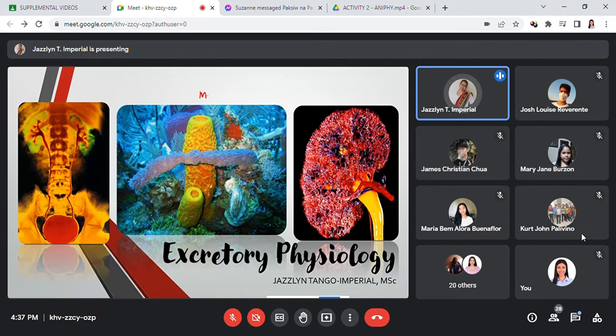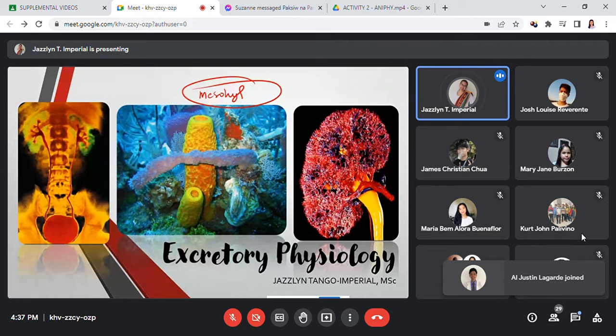So I don't know if you have learned this in your zoology. So meron siyang mesohyl, which is actually a matrix. It's gelatinous, found inside or within the sponge. So this is their mechanism of parang excretory for simple animals like the poriferan na sponge.